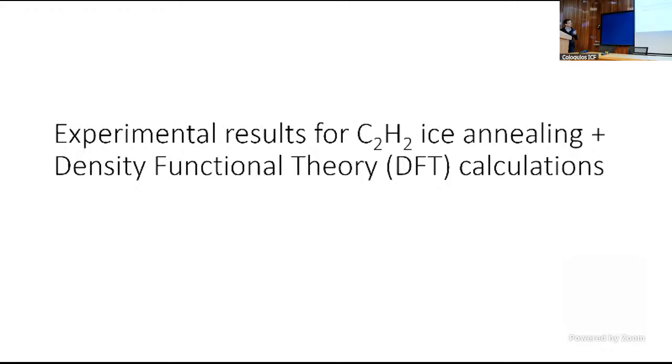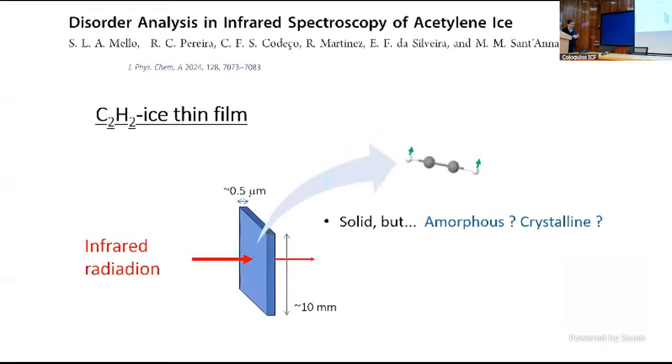So I will show you other data on this system, changing with the annealing, and also the combination of this with DFT calculations to interpret the data. The same thing here, this was done also in the same chamber. Now this is more recent, 2024, but it's also C2H2 grown the same way, with infrared.